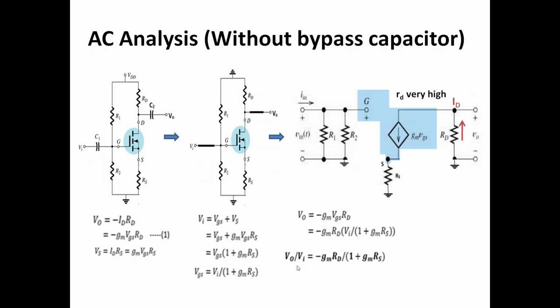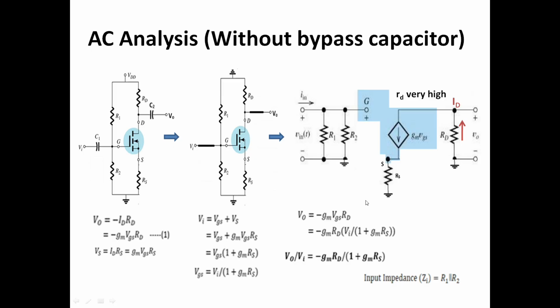So the voltage gain V0 by Vi equals minus GM capital RD by 1 plus GM RS. Here you can see that the gain is reduced by this capital RS, the source resistance present here. So without the bypass capacitor, this RS will be present in the small signal equivalent circuit, and that will give a reduction in the voltage gain.